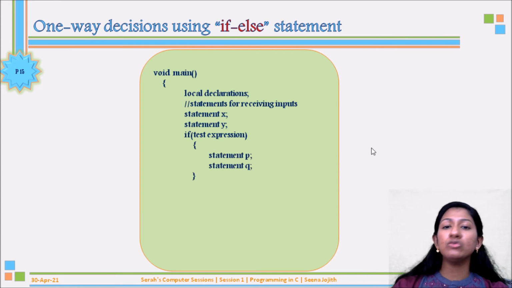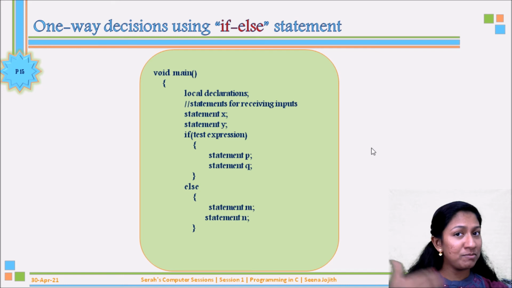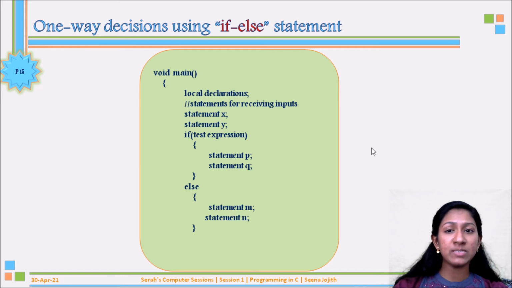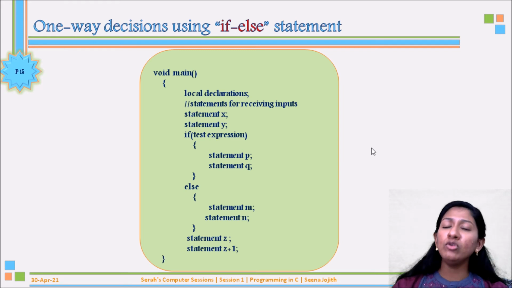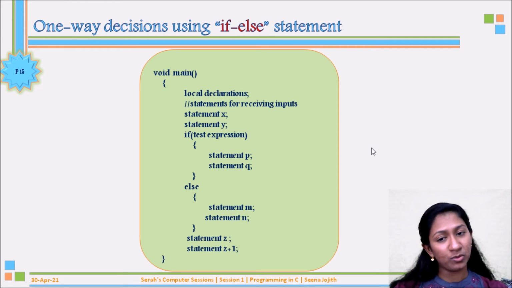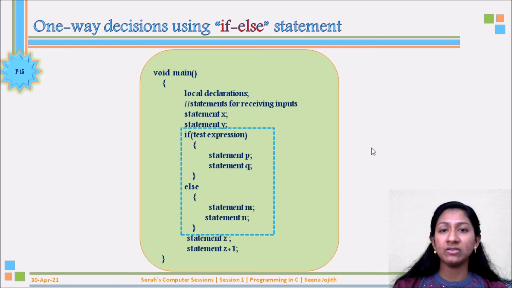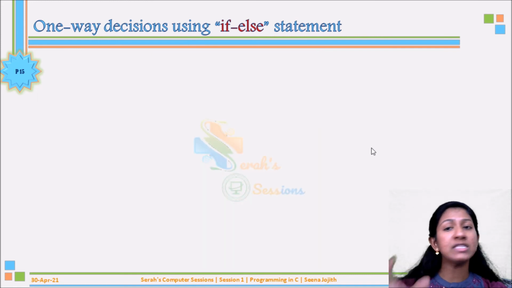If it is true, statements P and Q will be executed. If the test expression is false, the program control will jump to the else portion and statements M and N will be executed, followed by the remaining statements of the program. I hope you understand the if else properly.